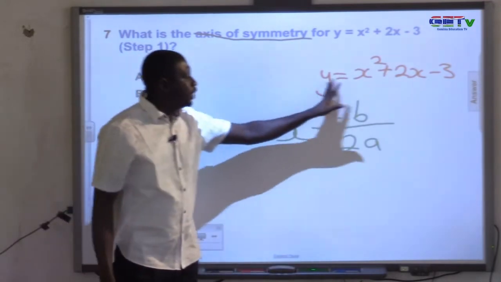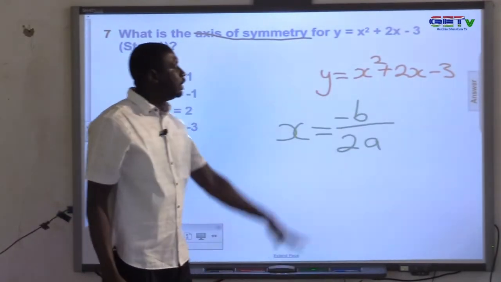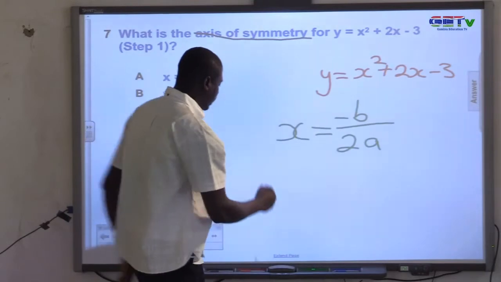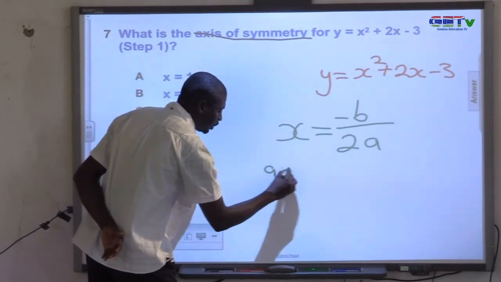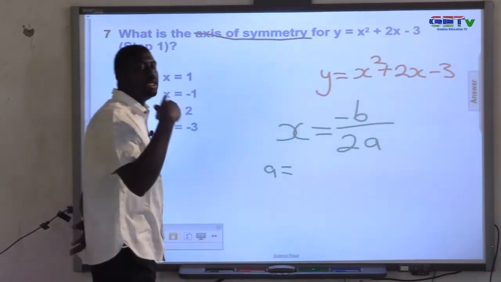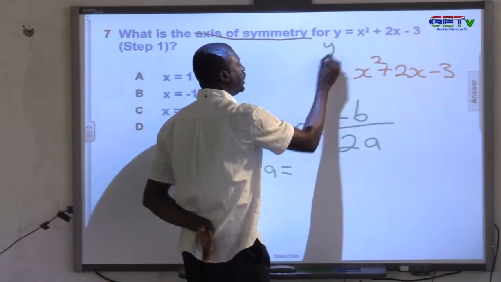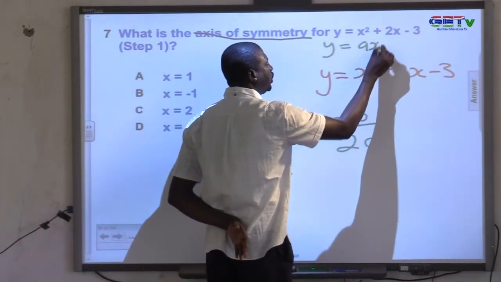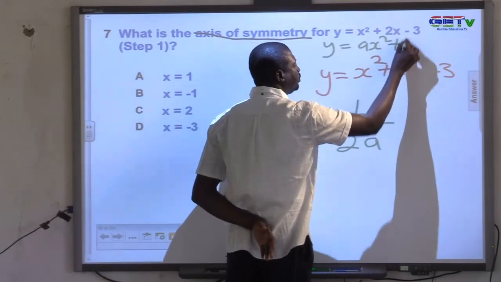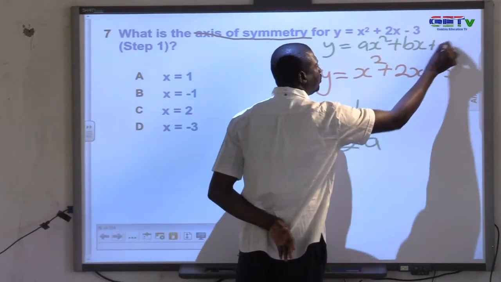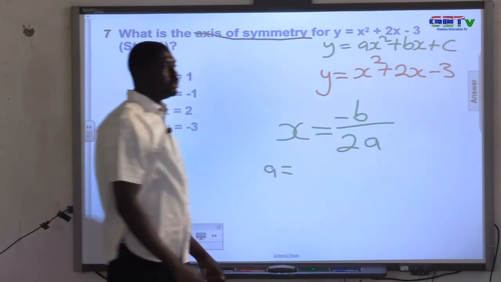What is our a value in this function there? If you look at this function, it is in the standard form of writing a quadratic equation already, which is y equals ax squared plus bx plus c.